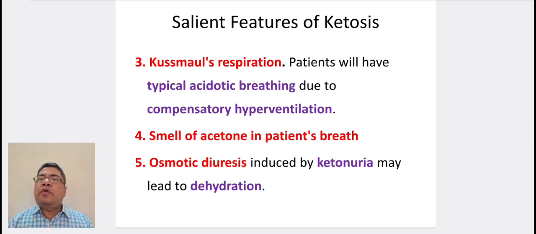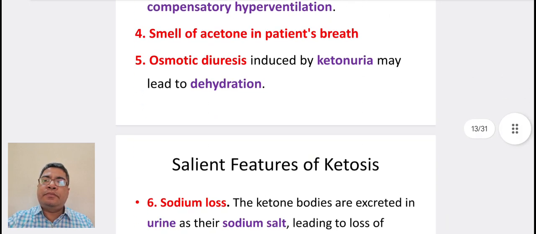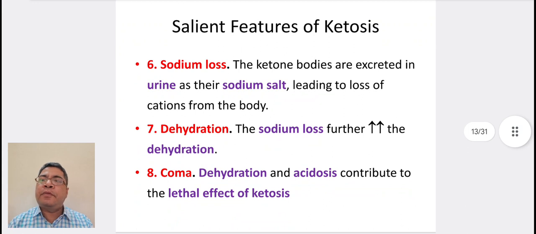Third is Kussmaul respiration. Patients will have typical acidotic breathing due to compensatory hyperventilation. Then there is smell of acetone in patient's breath. There is osmotic diuresis induced by ketonuria, leading to dehydration. Then there is sodium loss.